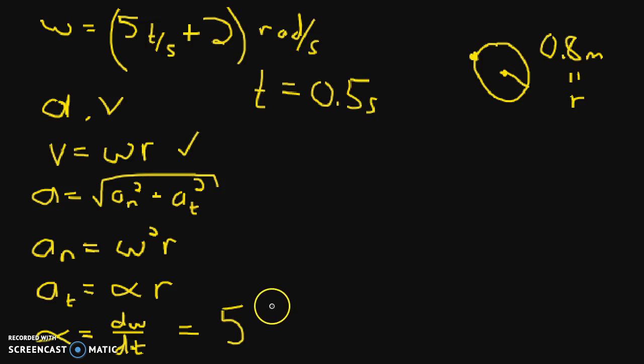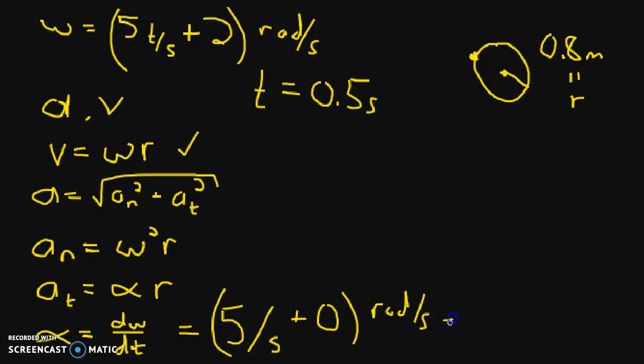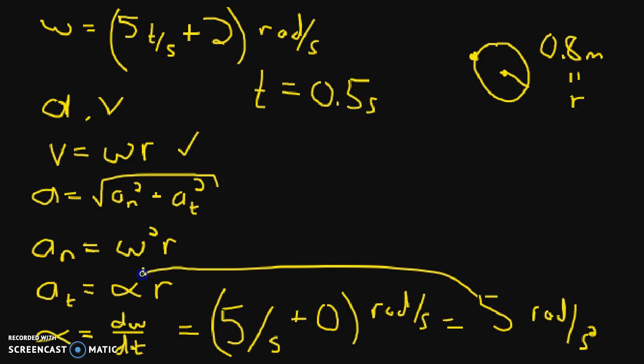So this is 5, the time goes away, but it's still per second. And then plus 0, because the derivative of 2 is 0. And then radians per second, which is the same as 5 radians per second squared. And that's your alpha, so then you could plug that in here.